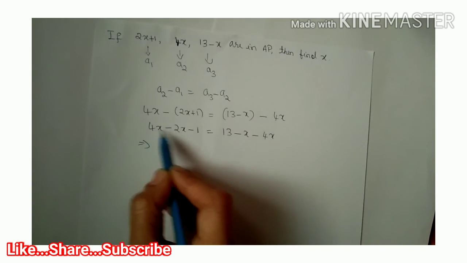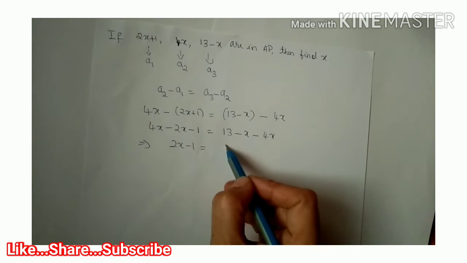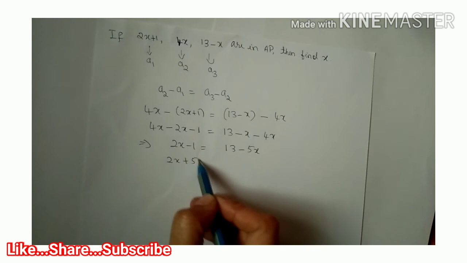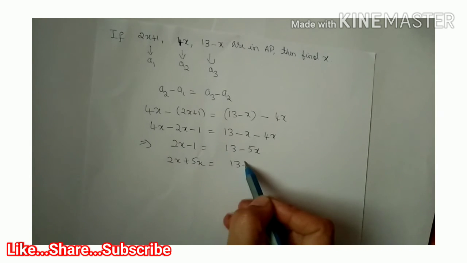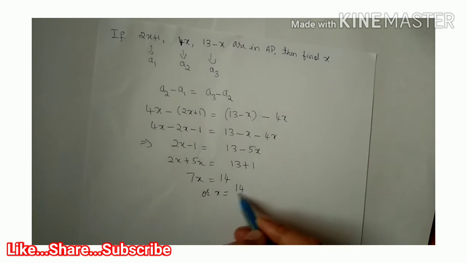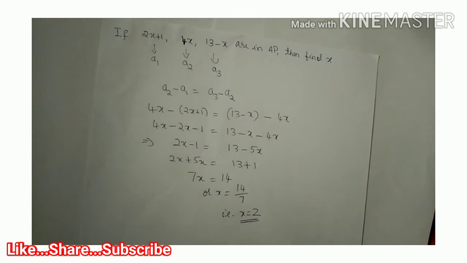It implies 2x minus 1 equals 13 minus 5x, so 2x plus 5x equals 13 plus 1. 7x is equal to 14, so the x value is 14 by 7. That is, x is equal to 2.